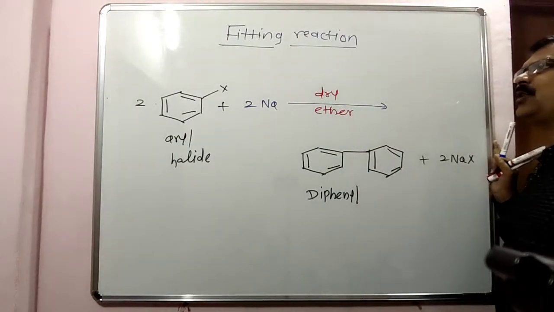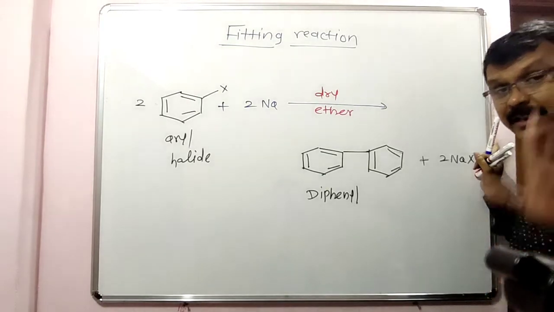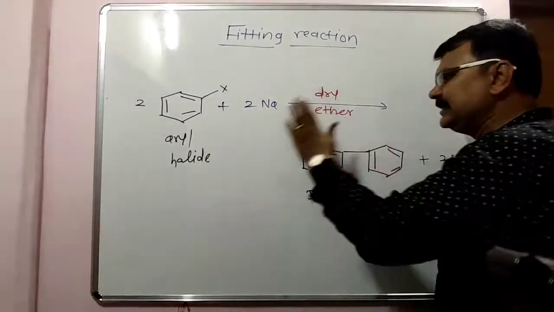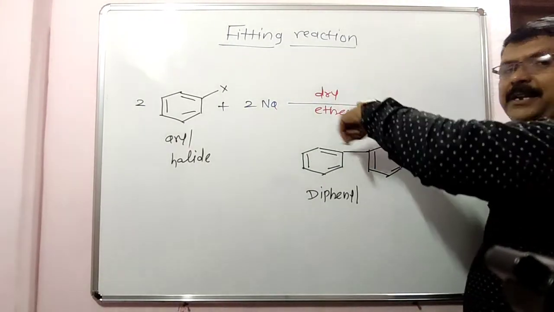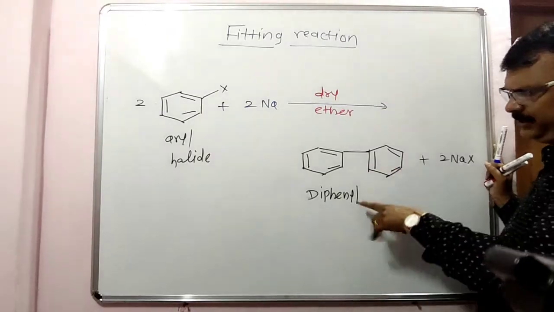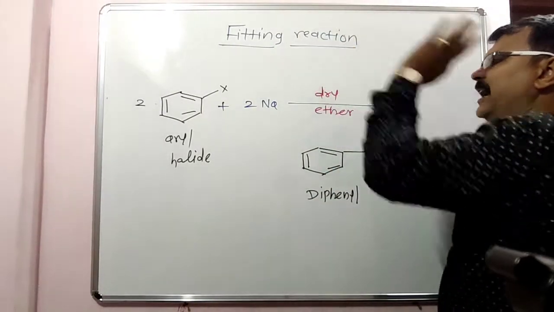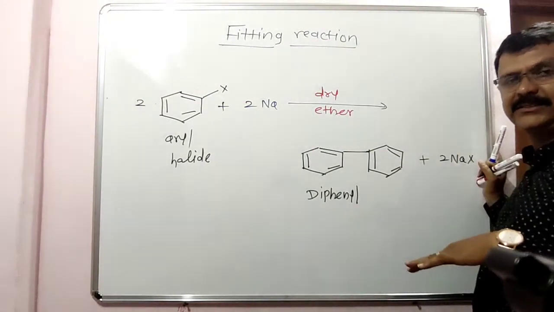This reaction is called the Fittig reaction. Repeat all of you: aryl halide is reacted with sodium metal in presence of dry ether, it gives diphenyl. This reaction is called the Fittig reaction.